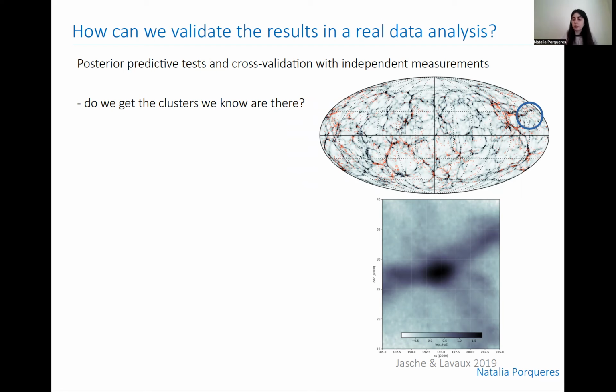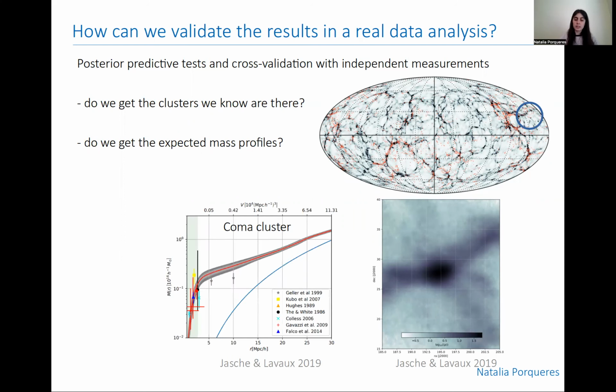And another question we can ask to validate our results is whether we get the expected mass profiles for the clusters. And this test was done by Jens Jasche and collaborators, and they found that the mass of the Coma cluster, which is this red line inferred by Borg, is consistent with independent observations.